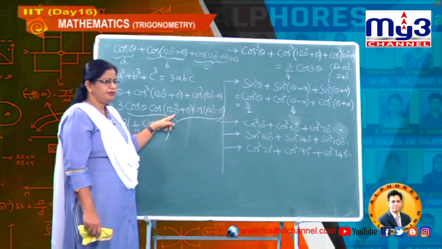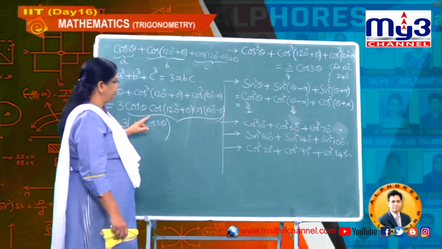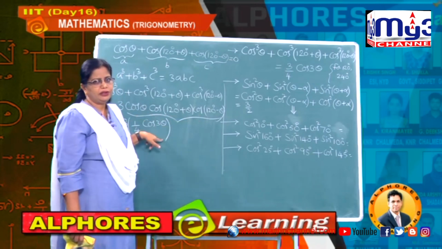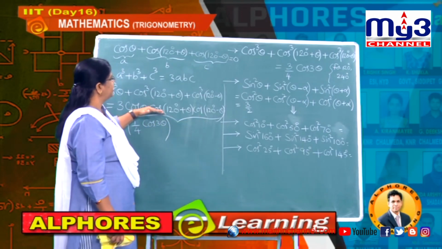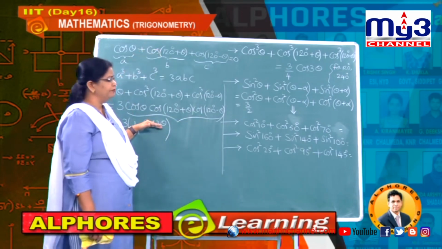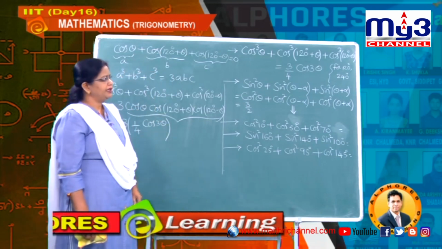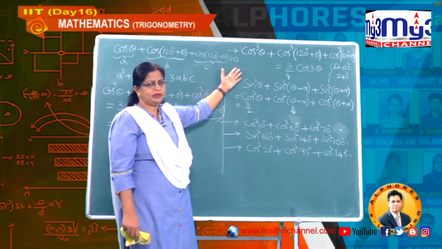Here we have used 120 degrees, and the value is 1 by 4 cos 3 theta. We did this in the previous session. So based on these two known trigonometric values along with the algebra formula, we got this answer. Understand? One of the important problems, this one.